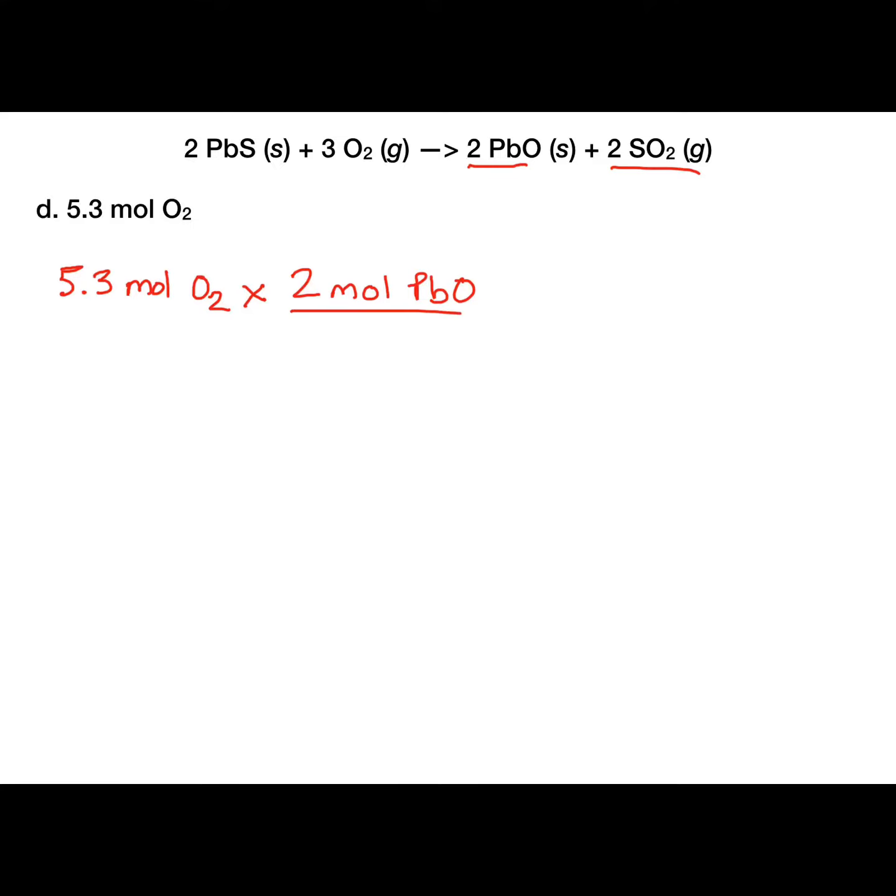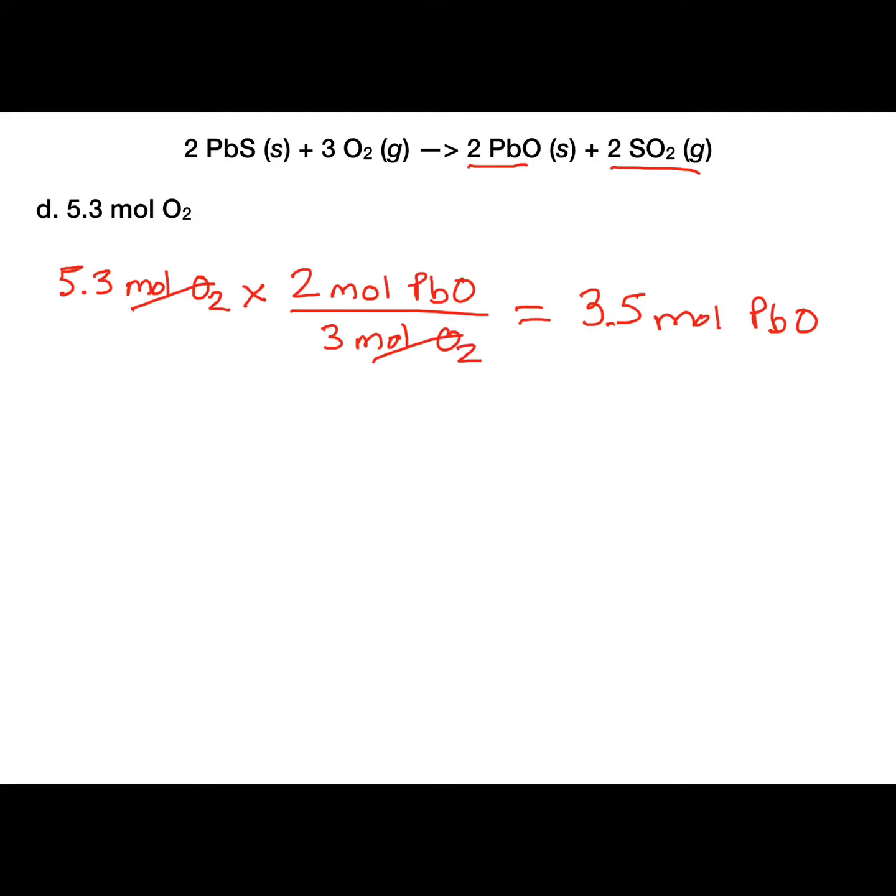Moles of O2 cancels out. 5.3 times 2 divided by 3 is 3.5 moles of PbO.